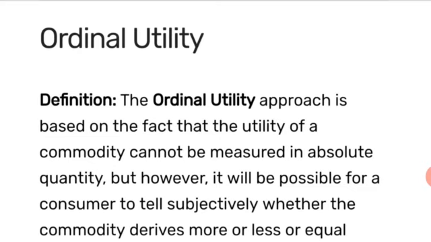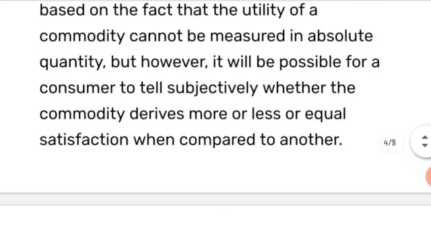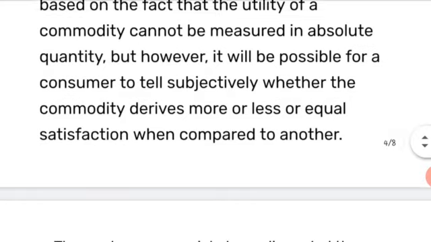According to this approach, the ordinal utility is based on the fact that the utility of a commodity cannot be measured in absolute quantity. We cannot say that one apple gives 10 units of satisfaction, or one orange gives 20 units of satisfaction. However, it will be possible for a consumer to tell subjectively whether the commodity derives more satisfaction or less satisfaction or equal satisfaction compared to other product.